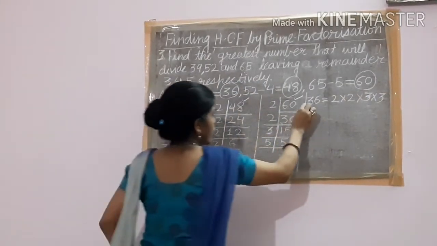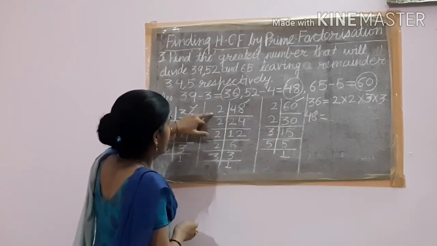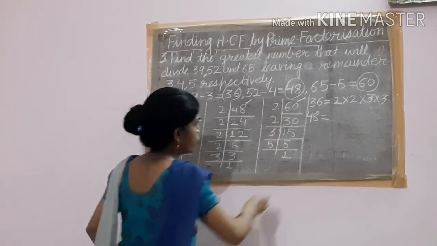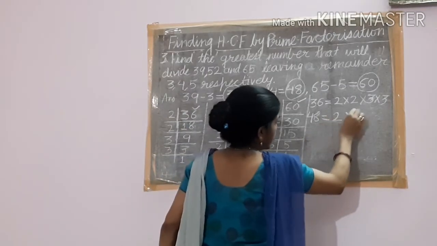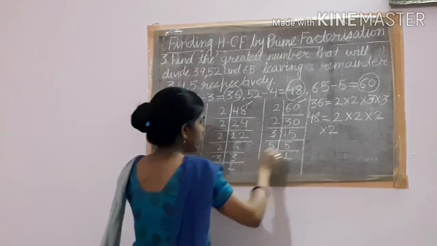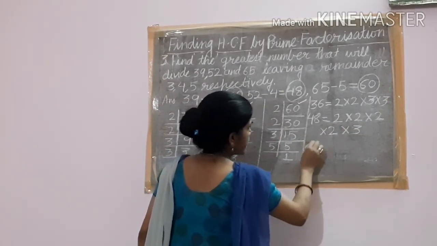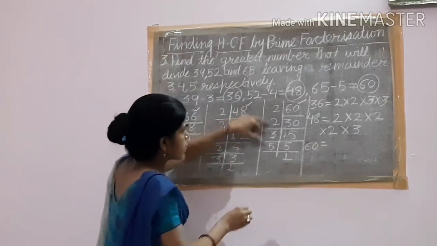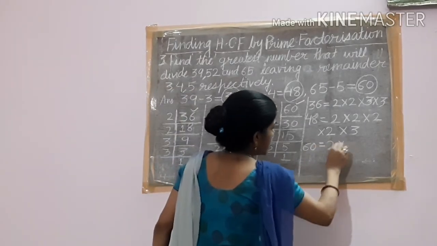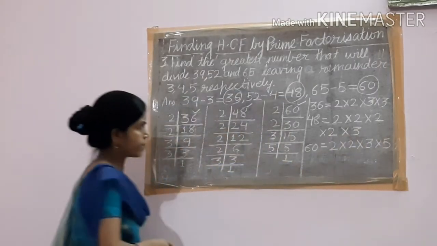Next is 48. How many times 2? 1, 2, 3, 4. 4 times 2 and 1 times 3. Next is 60. For 60, 2 times 2, 1 times 3 and 1 times 5.